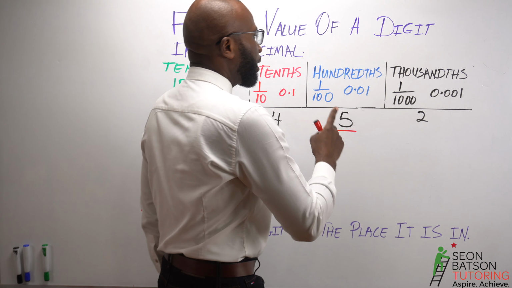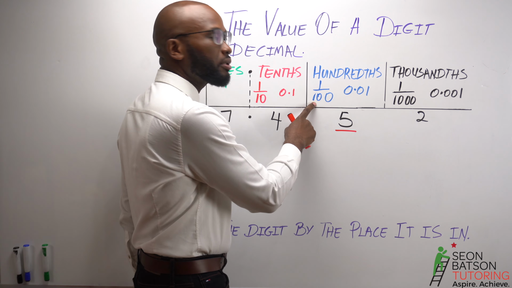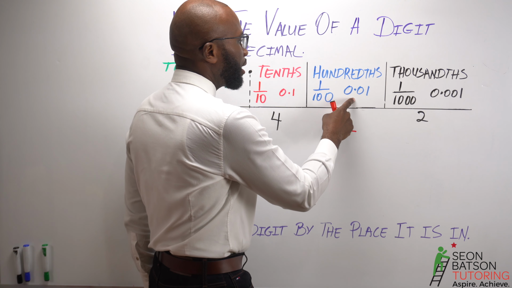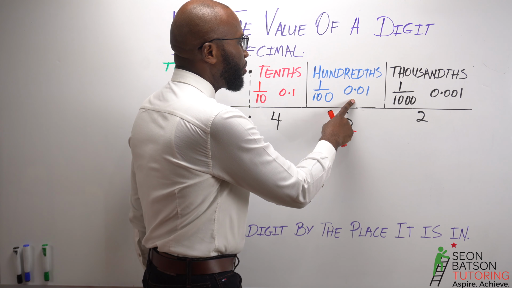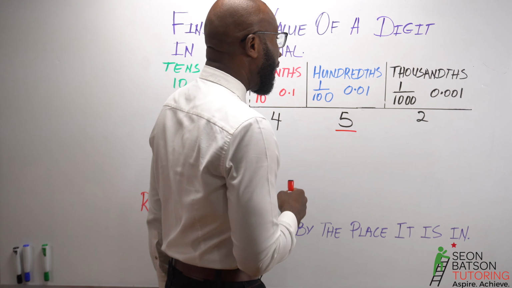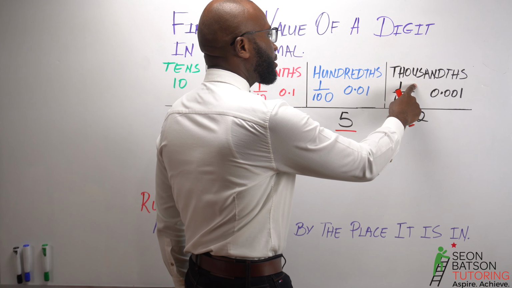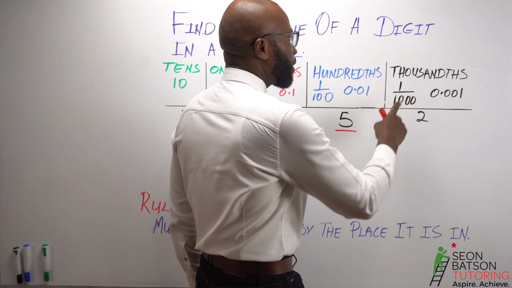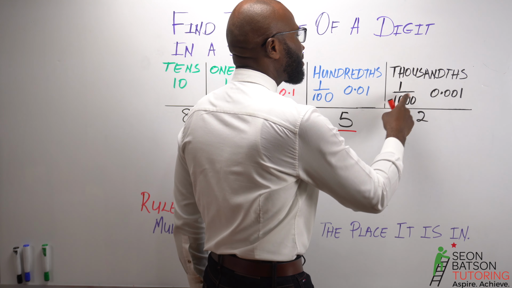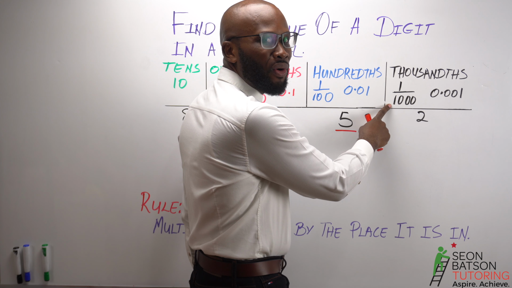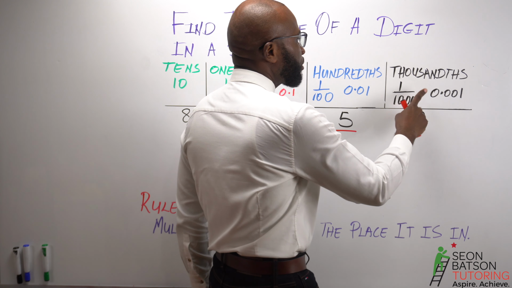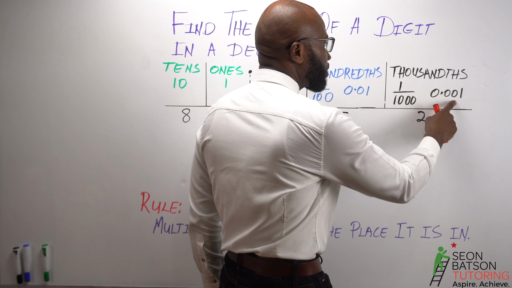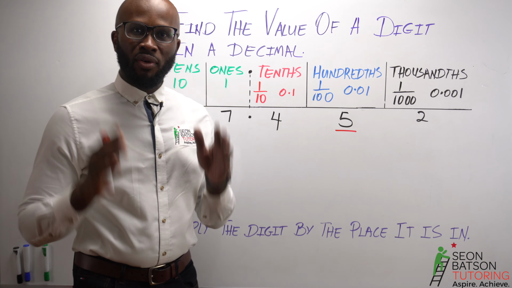We can write a hundredth as a fraction, 1 over 100, or as a decimal, 0.01. And the third place is the thousandths place. We can write a thousandth as a fraction, 1 over 1,000, or as a decimal, 0.001.